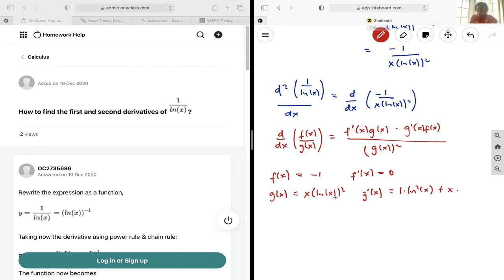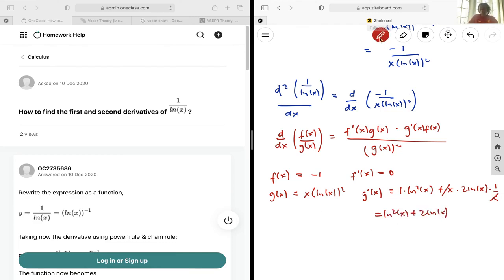So x multiplied by the derivative of ln x squared. For this, you can use substitution and you will get 2 ln x, and then 1 over x, sorry, 1 over x as the derivative of ln x itself. These two will cancel. And you will get ln squared x plus 2 ln x.